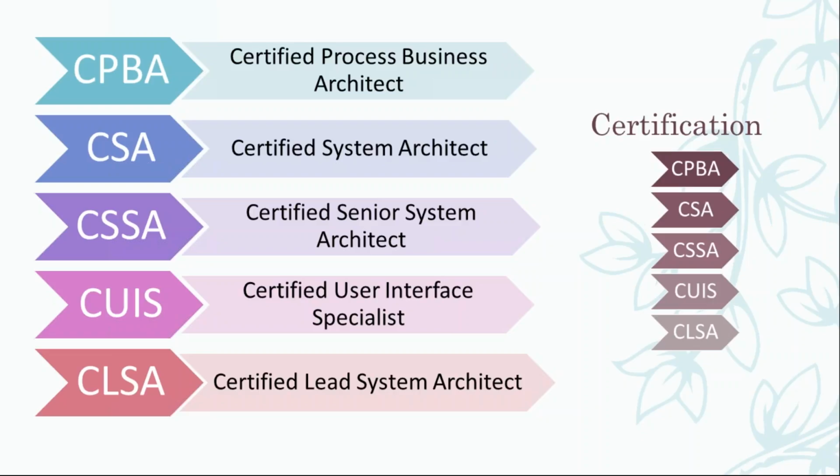CSSA, QIS, and CLSA are still on Pega 7 only, and there is no further news from Pega about any retirement. These are for developers and higher advanced development roles.